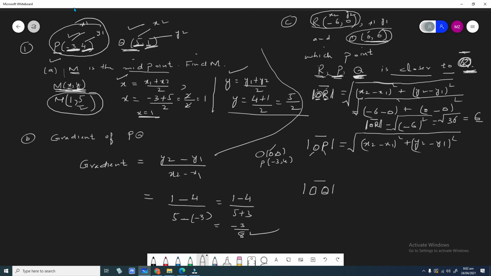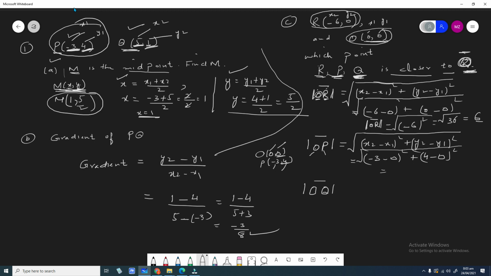So again, this is our x1, this is our y1, this is our x2, and this is our y2. So we will be putting these values, and this will become minus 3 minus 0 whole square plus y2 is 4 minus y1 is 0 whole square under root.